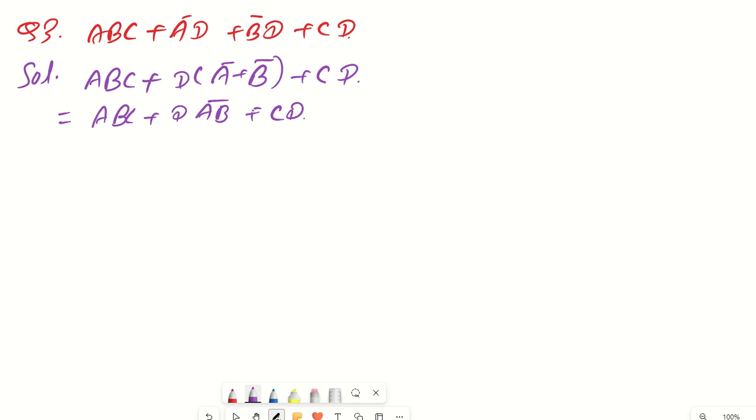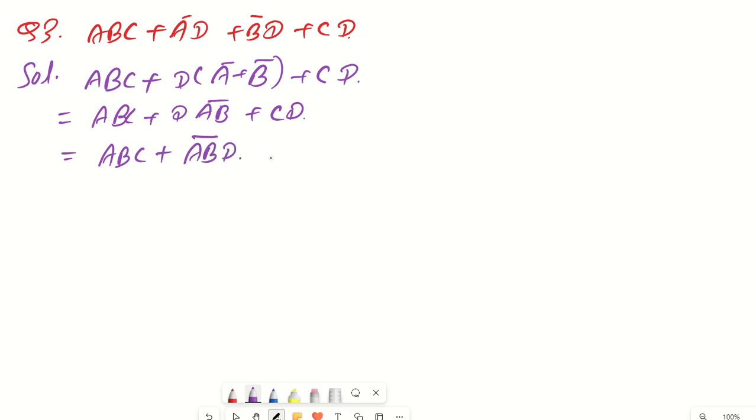Now can we do one thing? You can see that here, if I consider this AB as a single term, okay, AB as a single term, then I can have what? ABC plus A bar D plus CD, right? So I can have ABC plus D times AB bar.